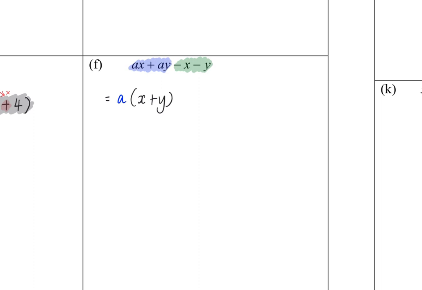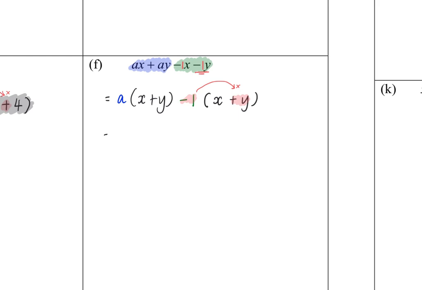But this is negative 1x and this is negative 1y. So what happens if I take out negative 1 as the common factor? I will be left with x and positive y, because negative 1 multiplied by positive y will give me back my negative 1y.